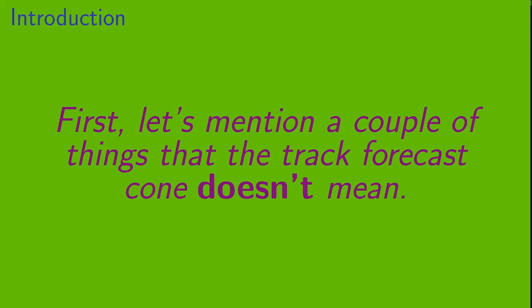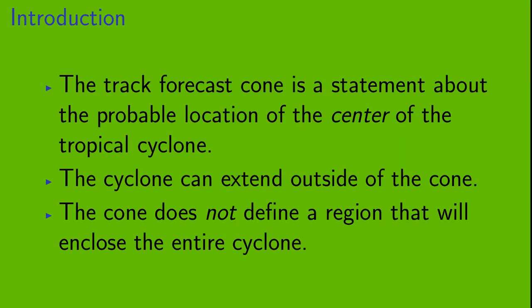Okay, so first, let's mention a couple of things that the track forecast cone doesn't mean. So the track forecast cone is a statement about the probable location of the center of the tropical cyclone. The cyclone can extend outside of the cone, so the cone does not define a region that will enclose the entire cyclone.